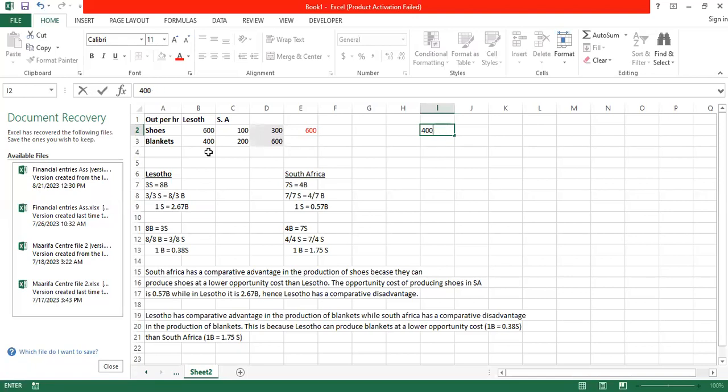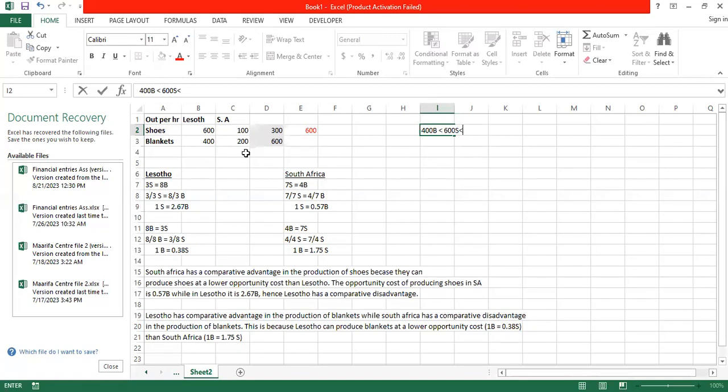So let's say it's 400 blankets is to 600 shoes. So in terms of autarky price, 600 tons of shoes in SA is worth how much blankets? It's the ratio of 1:2.